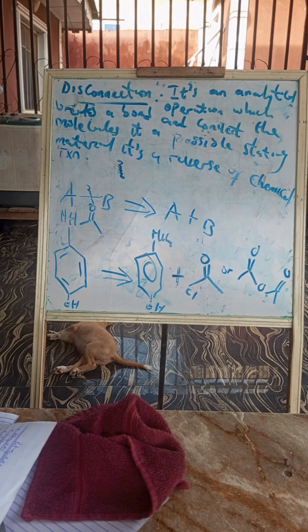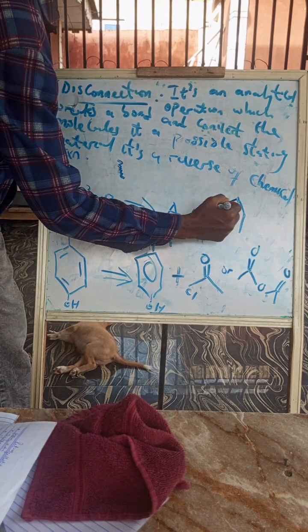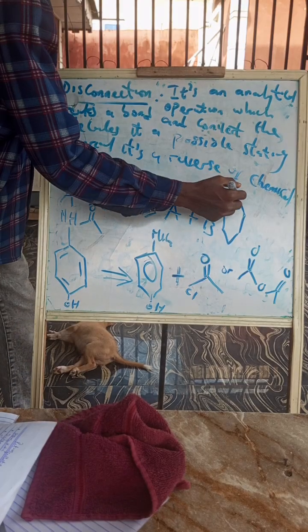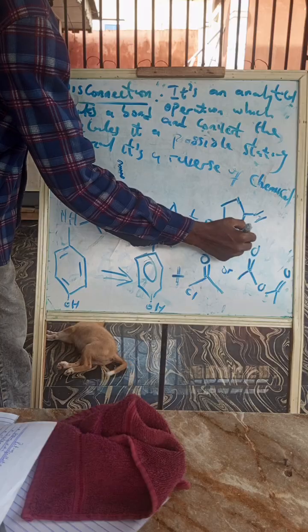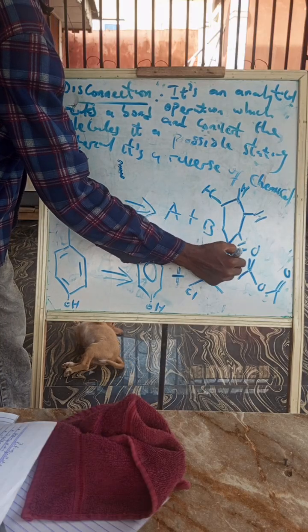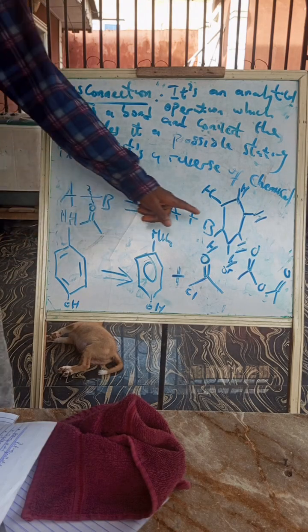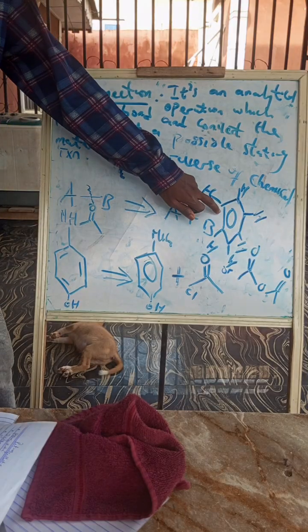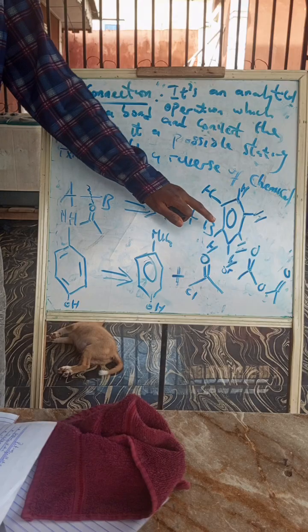Let's use an example in spectroscopy, where we have different kinds of hydrogen. This benzene has a single environment.